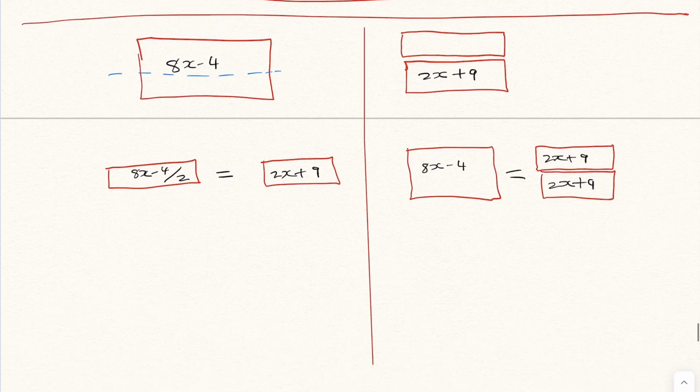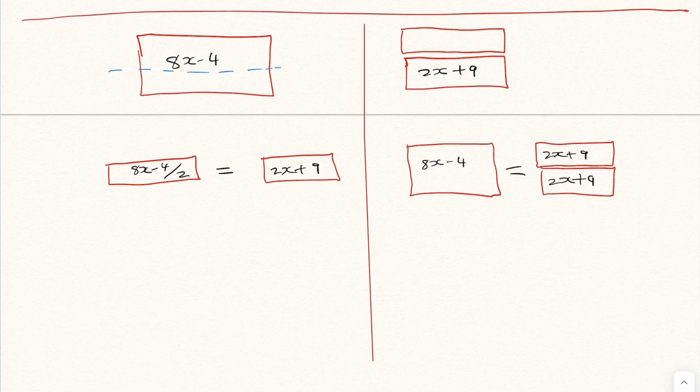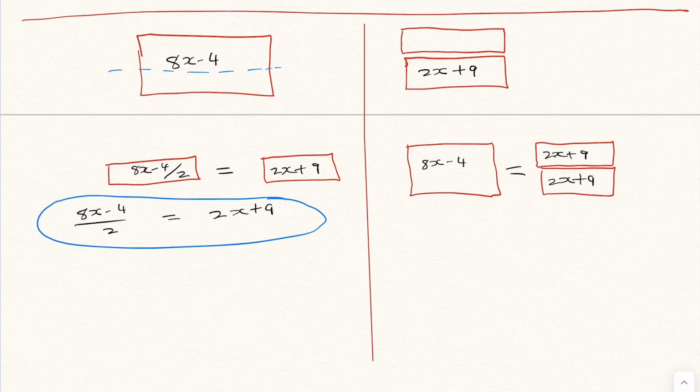If we choose the left-hand side, we get 8x minus 4 over 2 is equal to 2x plus 9. This is a valid equation. On the right-hand side, we can also do 8x minus 4 is equal to 2x plus 9 plus 2x plus 9. This is another valid way to solve it.